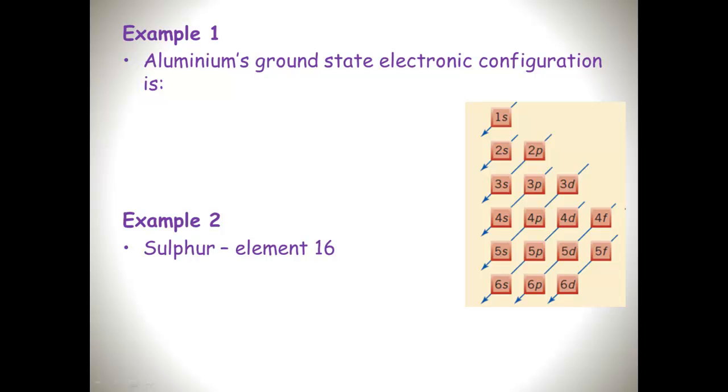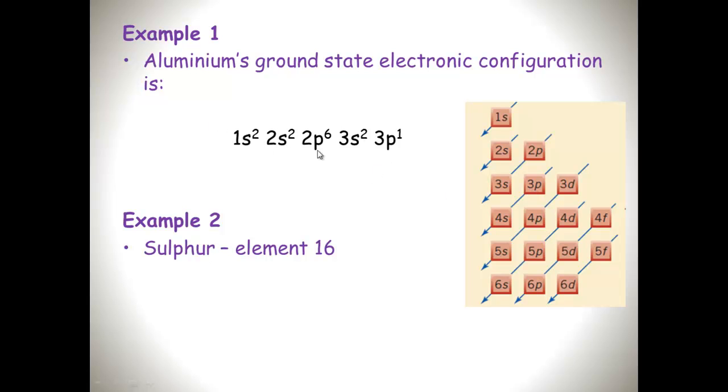Okay, so working these out. Example number 1 asks you to draw aluminium's ground state electron configuration. Aluminium is element number 13. So there's 13 electrons. So there's 2 in the 1s, 2 in the 2s, that makes 4, 6 in the 2p, 2 in the 3s, and then 1 in the 3p.